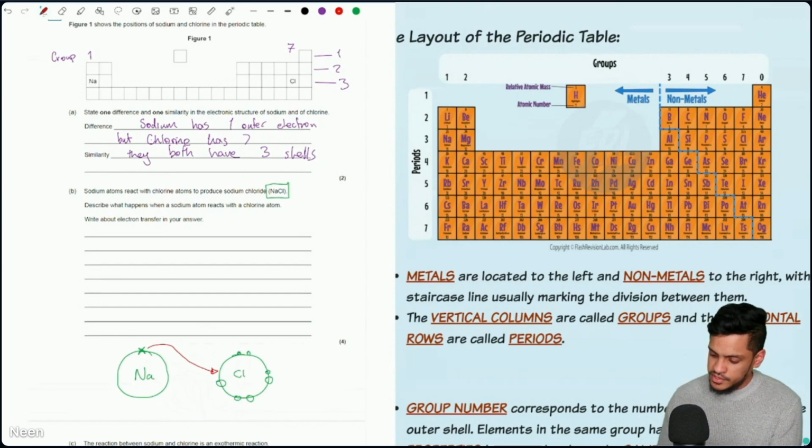You basically need to describe that in words to get your 4 marks. It says write about electron transfer. So you get 1 mark for saying sodium loses 1 electron.